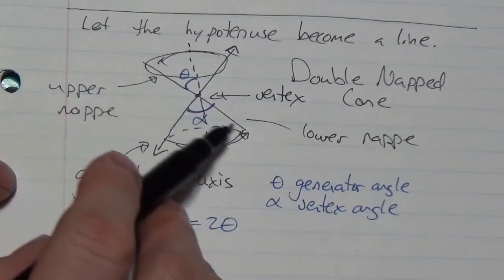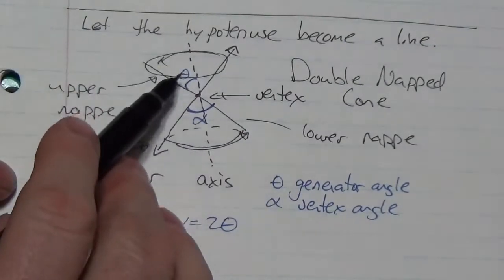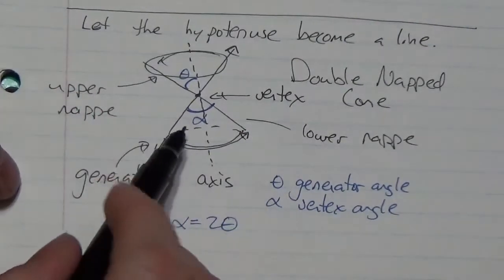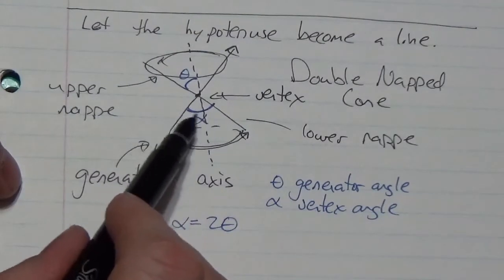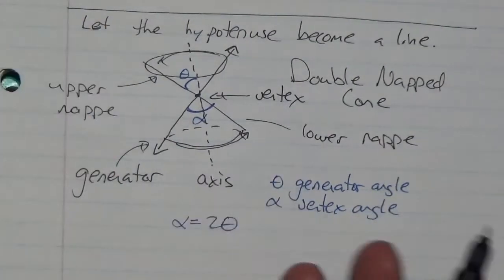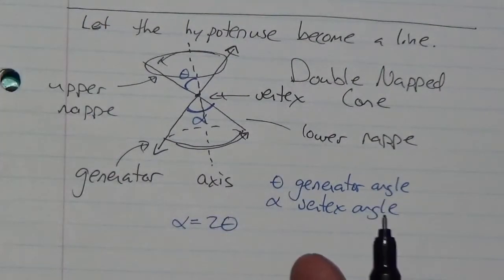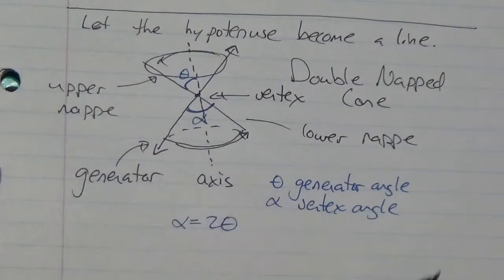The angle between the generator and the axis of symmetry here is going to be theta, our generator angle. And when you go from generator to generator, we call that the vertex angle, because depending on what you're trying to talk about, it makes more sense to talk about either the generator angle or the vertex angle.